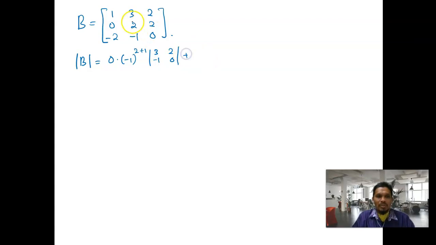Okay, plus with 2 and negative 1 to the power. Okay, the position of this is a row 2 and the column 2. So it is now 2 plus 2. And the minor hide the element in row 2 and column 2, you will get 1, 2, negative 2, 0.